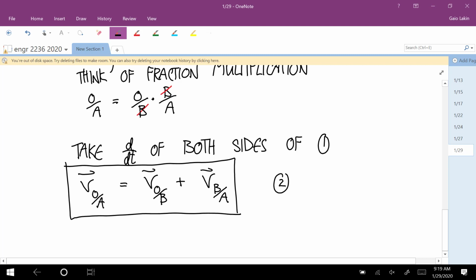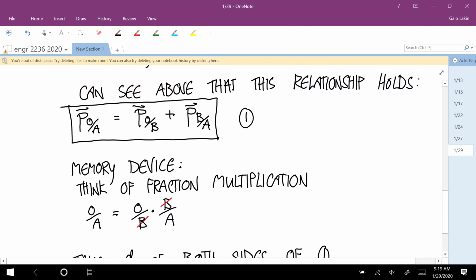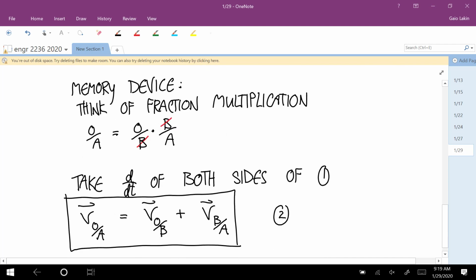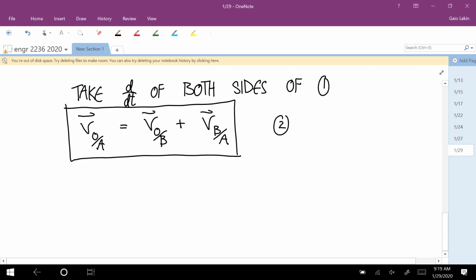Does that notation mean object at the end of both sides? d/dt? No, of both sides of equation 1. Oh. And then do it again, take the time derivative of both sides of 2.